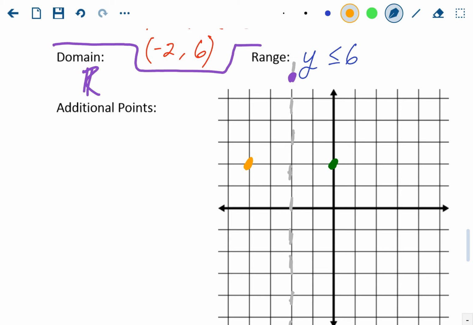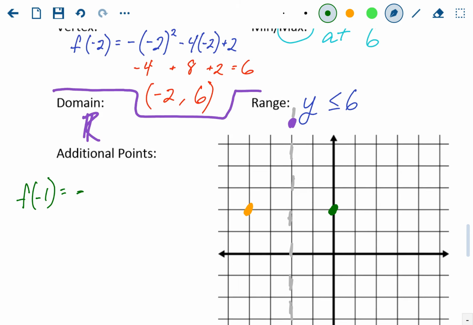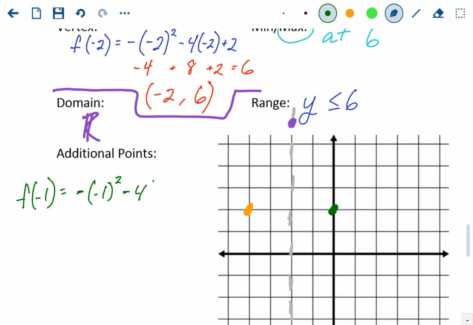Since my vertex is not really on the graph, I do want to get another additional point. I know the x value is at negative 2, and I know it's 0, but we're missing this in-between spot. So I'm going to find f of negative 1. When my x value is negative 1, what's my y value? That'll be negative 1 squared. Again, same as when we were finding the vertex, careful with the negatives. Minus 4 times negative 1 plus 2.